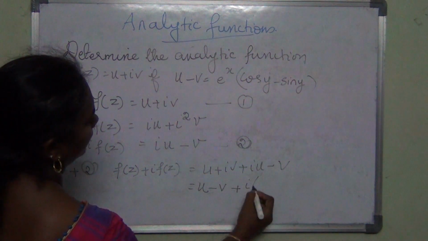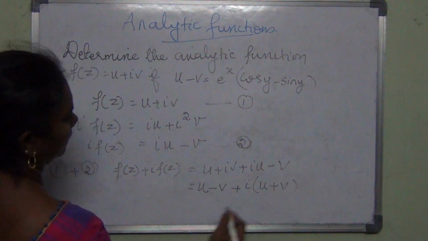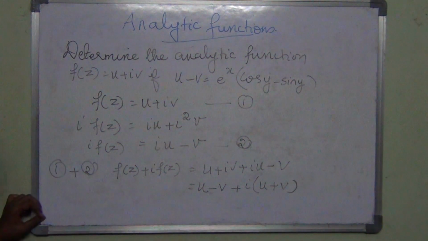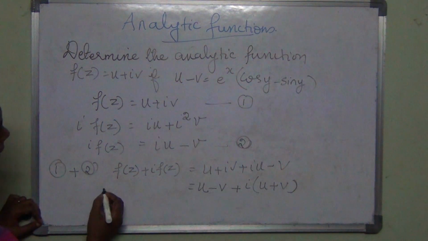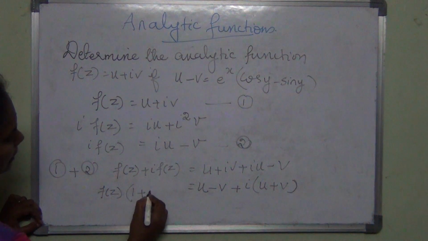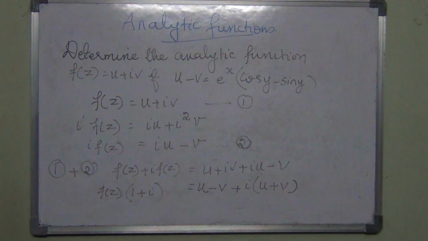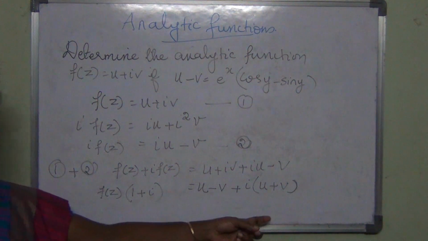Taking i outside, we combine u + v. So we get real part u − v and imaginary part u + v. Here taking f(z) outside, I can write 1 + i.